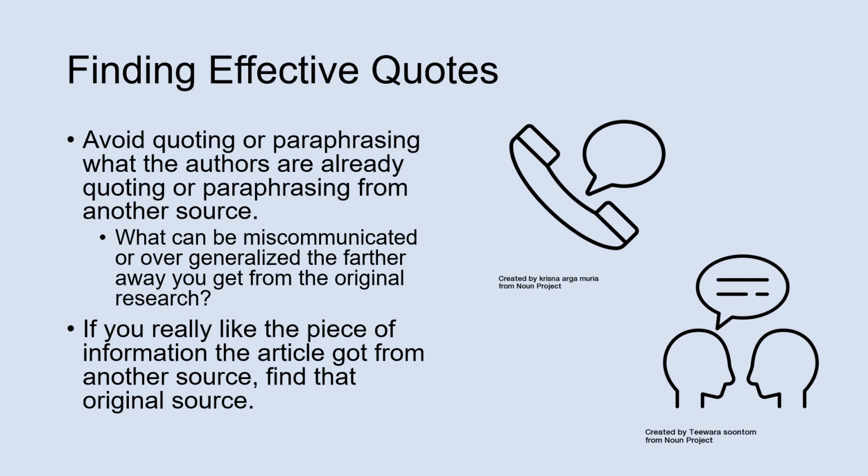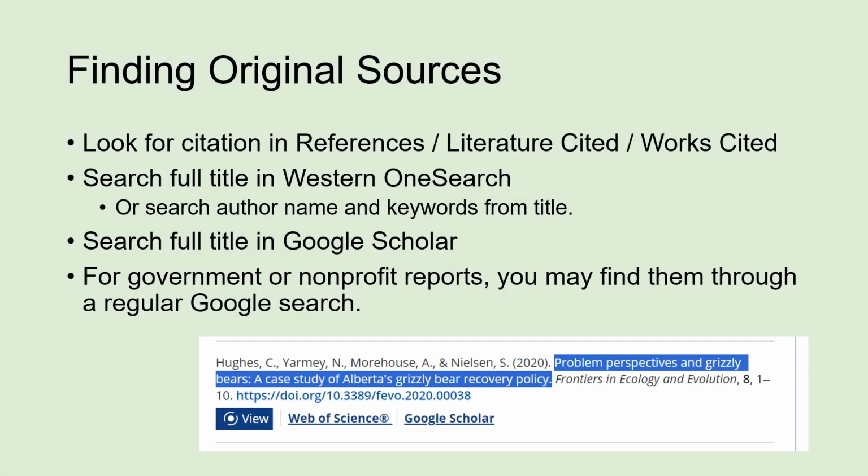So if you really like a piece of information that you find in your article that comes from another source that has that in-text citation after it, what you're going to want to do is find the original source. And what that looks like is, once I find the sentence, I see the in-text citation at the end, I'm going to scroll down to the references section of the article.